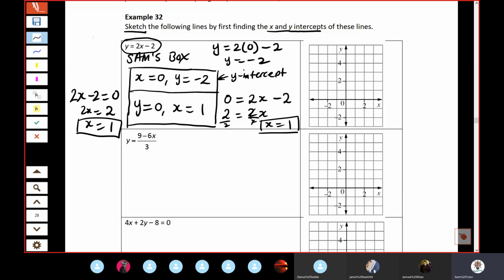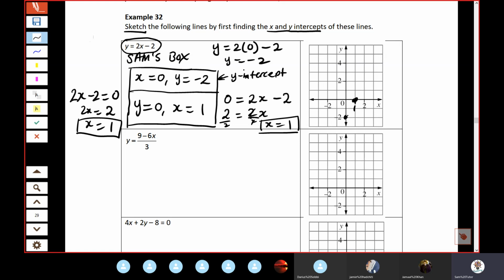So we'll do more, but let's have a look at this now. We've got x is 1, y is 0. That one right there, that point. This one is x is 0, y is negative 2. There and there. Again, confirm you see that. X is 0, which means right there.